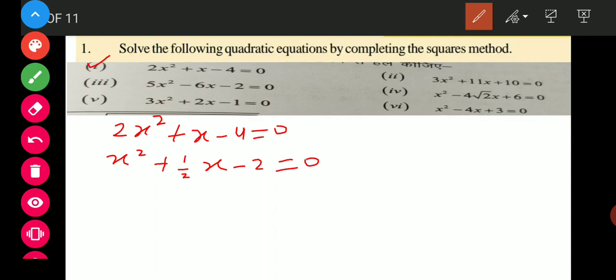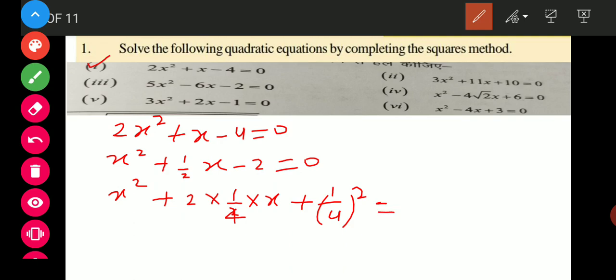Now complete the perfect square. So x square plus 2 into 1 by 2 into x, it is 1 by 4. So it becomes x plus 1 by 4 whole square is equal to 2 is shifted here, and adding 1 by 4 whole square.